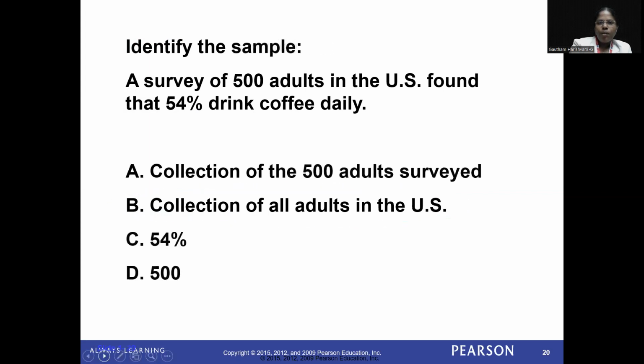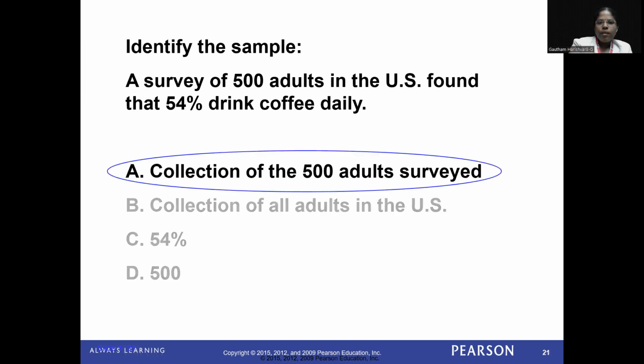Okay. The next example, identify the sample. A survey of 500 adults in the US found that 54% drink coffee daily, the same example I gave. Now identify the sample here. So we already know that option B is the population. So omit that one, take options A, C, D. From that, identify which one is the sample.